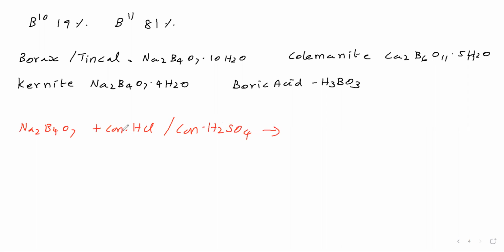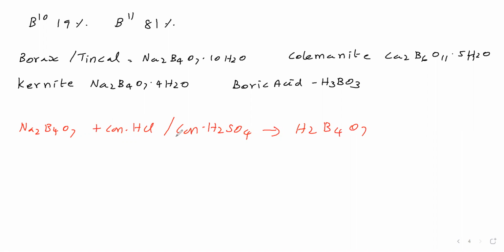What will happen is that Na plus is replaced by H plus. Therefore, we are getting H2B4O7. On treating with acid, the Na plus in borax is replaced by H plus.